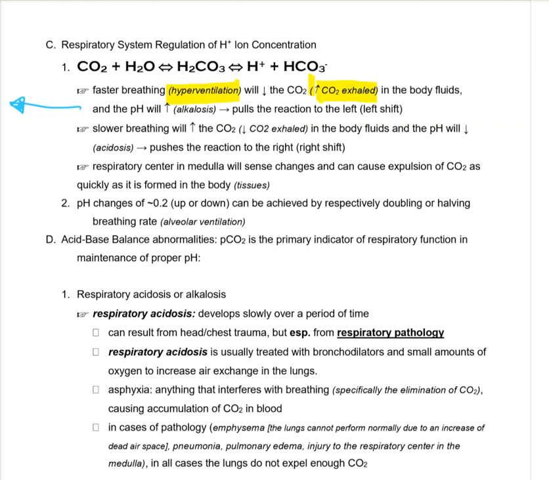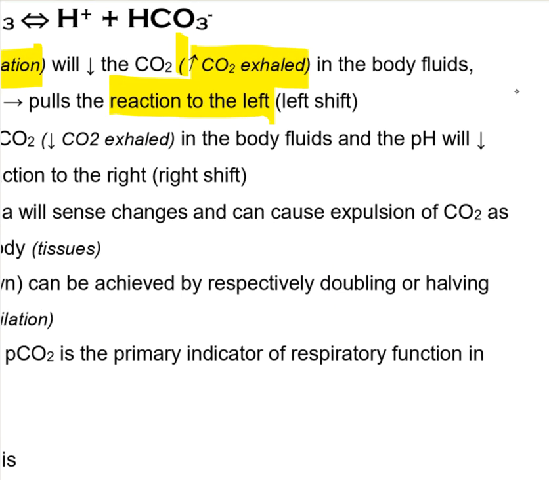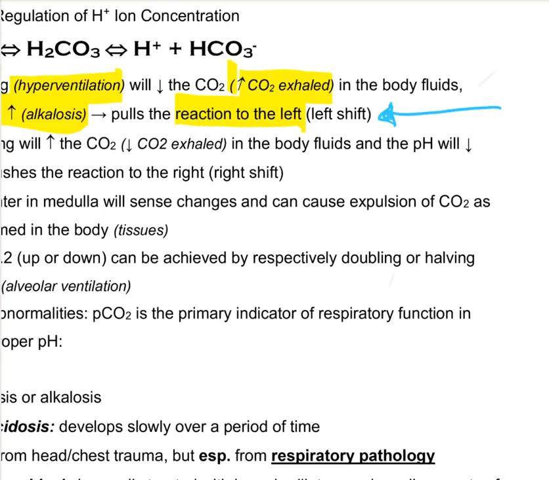So the pH should go up and we should get into an alkalosis state. It's going to pull the reaction to the left. Let's draw a better arrow in here. We're going to pull the reaction to the left.